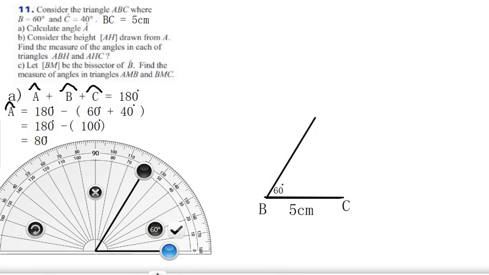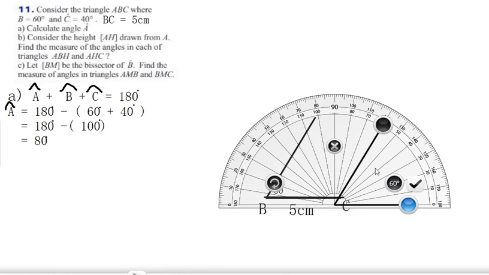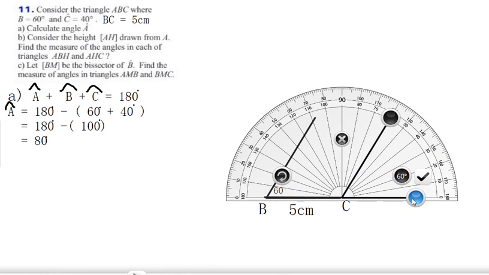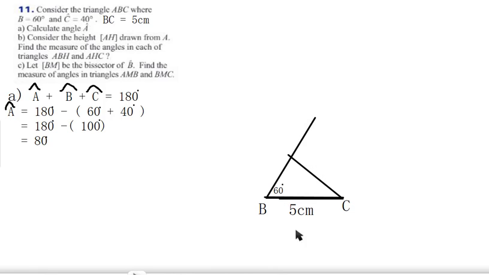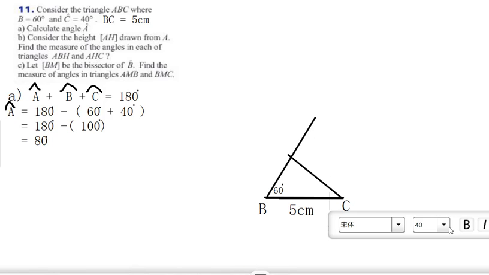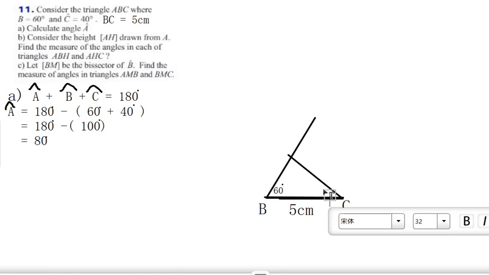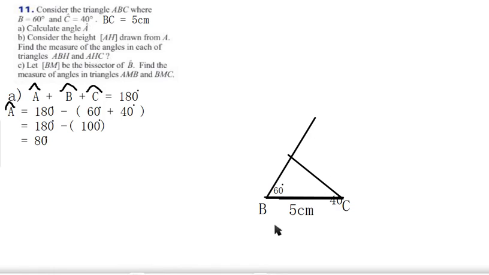Then let's use the set square, and again we have to put it on C correctly, and let's measure the angle C, which is 40 degrees. Okay, and I'm done. So now let's write the measure of angle C, which is how much? 40 degrees.